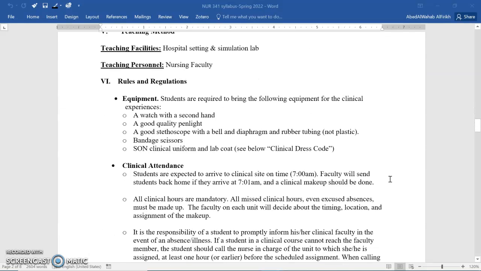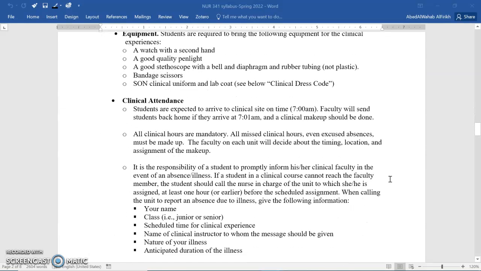I would also like to stress the rules and regulations regarding your attendance. We should attend every day, each and every day, because in the clinical courses, it is very similar to your work as registered nurses. And as you know, attendance is really obligatory in nursing.